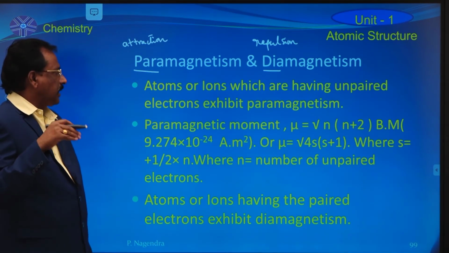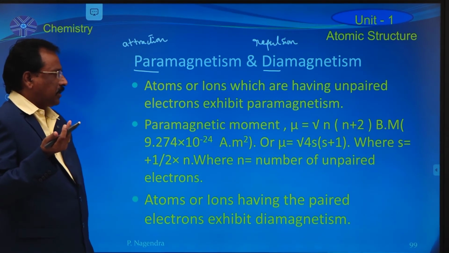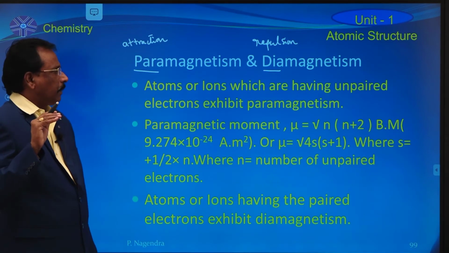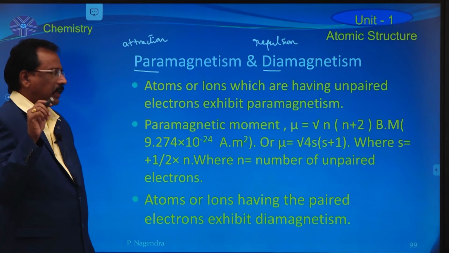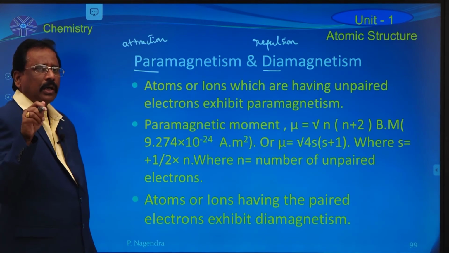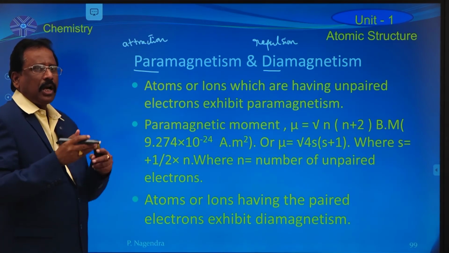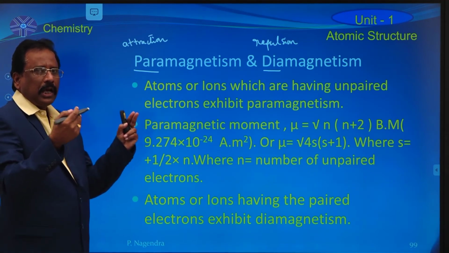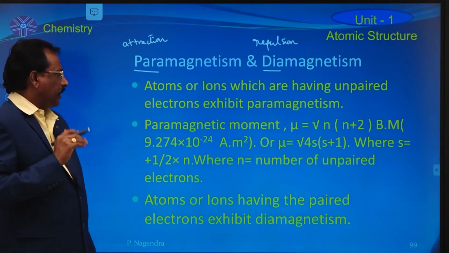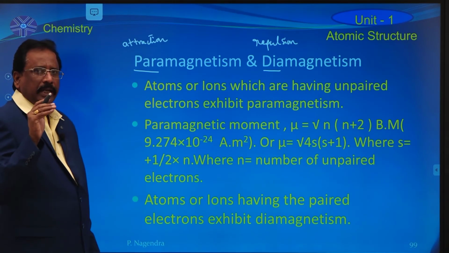So para means attraction. That attraction arises due to the presence of unpaired electrons in the given atom or ion. So if the electron is free, that electron shows attraction towards the applied magnetic field. That is called paramagnetism.